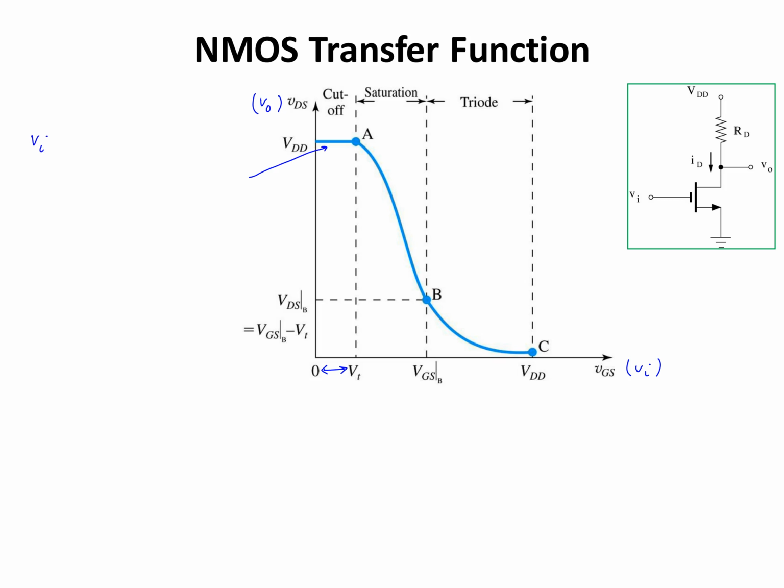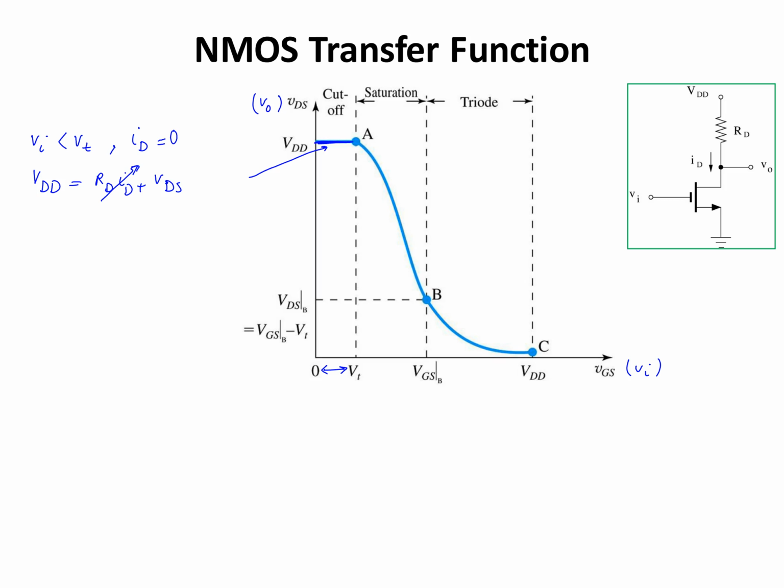From there, ID, the drain current, is equal to 0, and from the KVL for drain to source, I know that VDD is equal to RD times ID plus VDS.